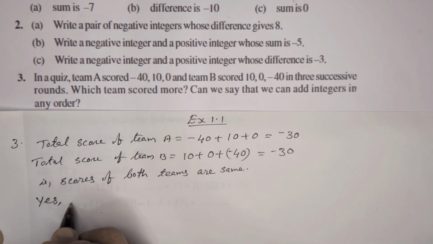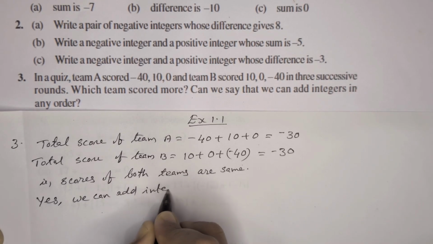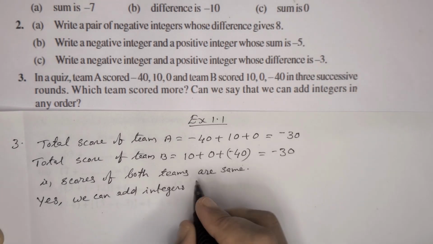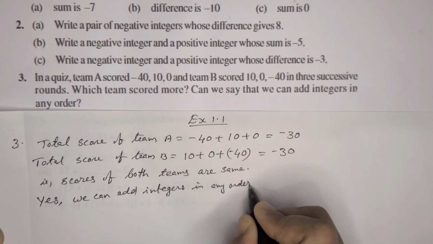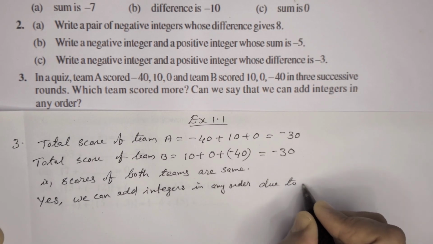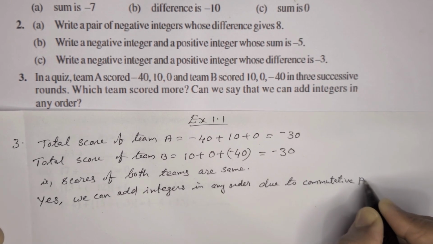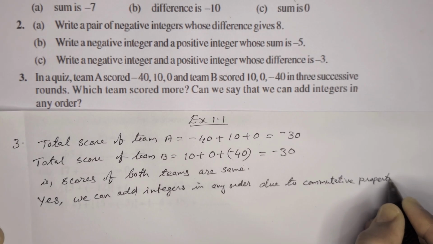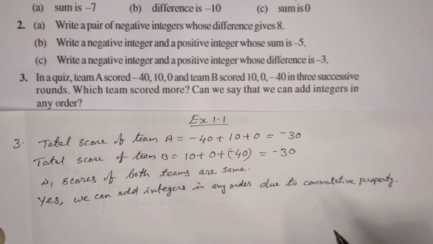We can add integers in any order because of the commutative property. Commutative property means we can change the order when we are adding. So here integers we can add in any order. It's following the commutative property.